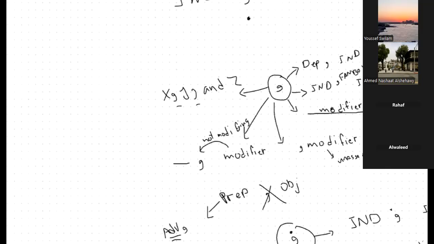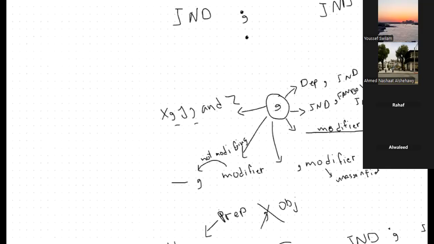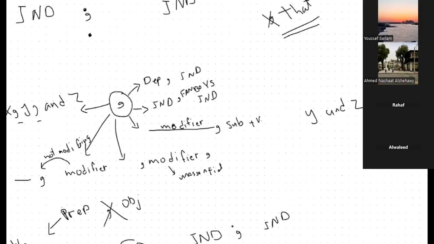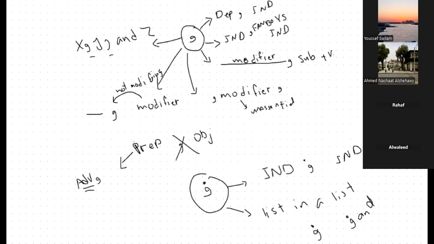In a list of more than two: X, Y, and Z. Ahmed, Mona, and Ali. If we have two in the list, don't put a comma: Ahmed and Mona. Don't put a comma between the preposition and its object: in the playground, don't say "in, the playground." Wrong. Don't put a comma between the subject and the verb: I play. Don't say "I, play." Wrong.